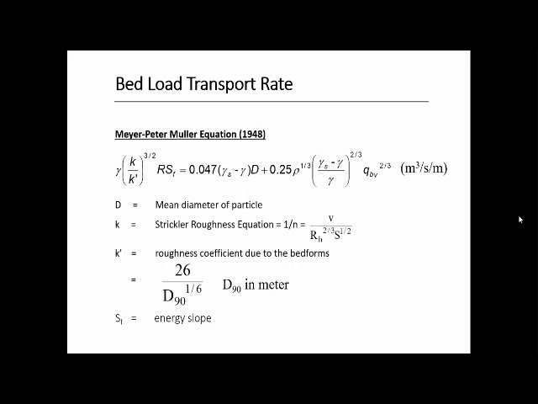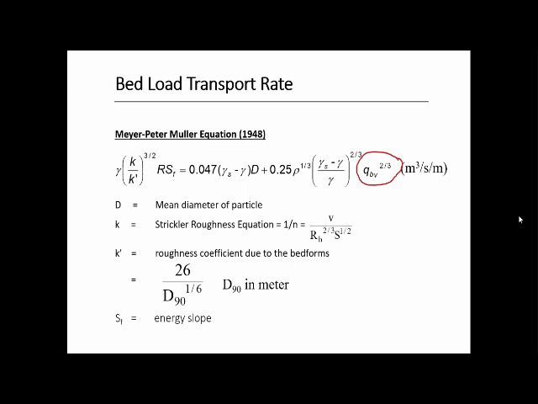So dekat mana pula you punya sediment transport rate dekat dalam equation ni? So kalau you look at on the right side of the equations, so we actually want to determine what is this QBD, or the sediment transport rate in meter cubic per second per meter.